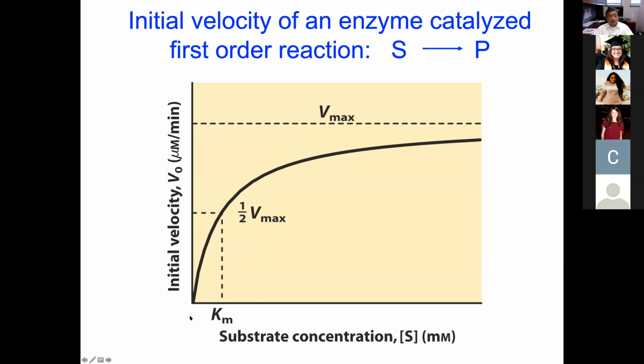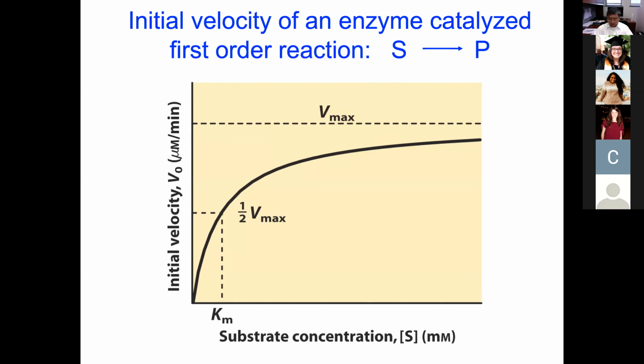In the very beginning, as you increase the concentration of the substrate, the rate of the reaction increases very quickly, and gradually it plateaus out. At a very high concentration of the substrate, even if you increase it, you do not see an obvious increase of the velocity.